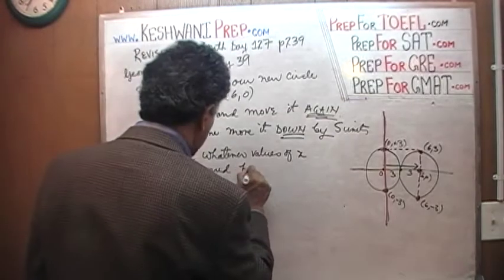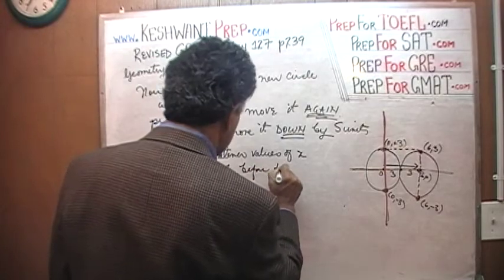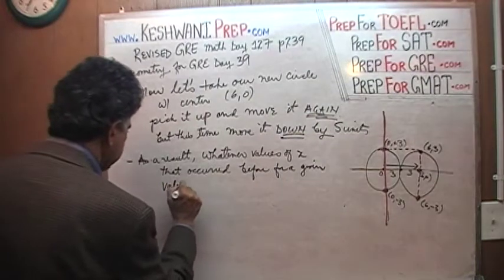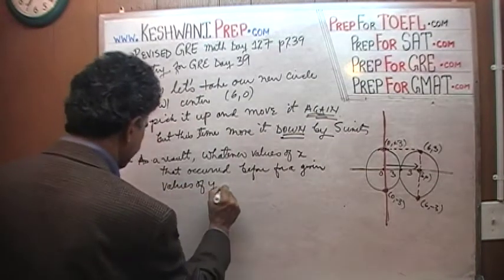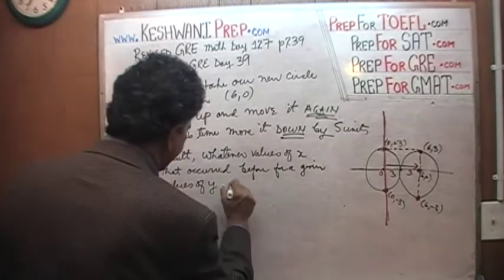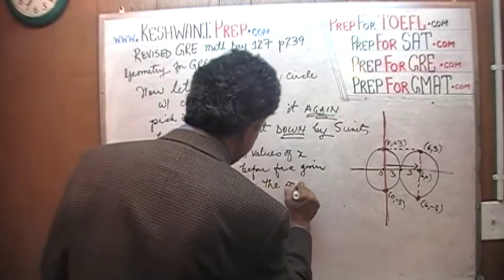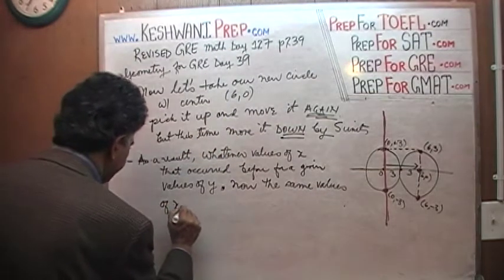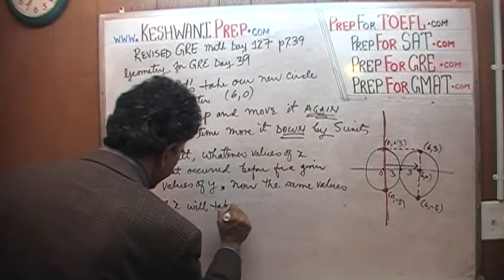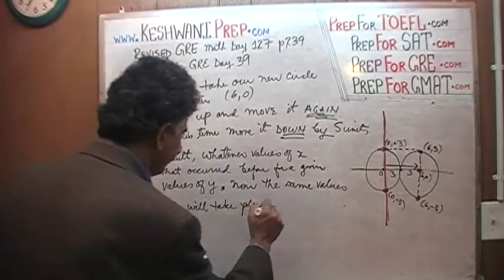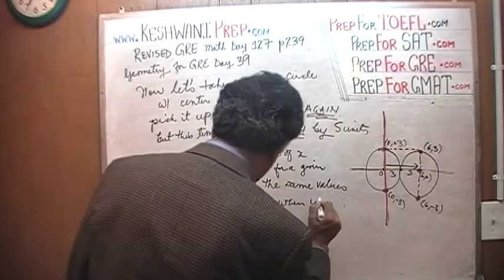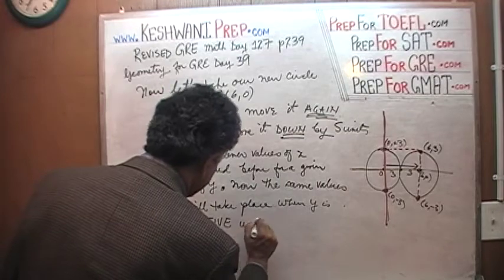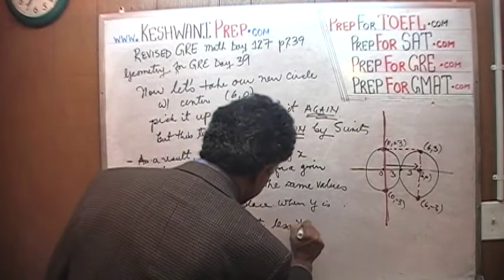As a result, whatever values of x that occurred before for given values of y, now the same values of x will take place when y is 5 units less than before.